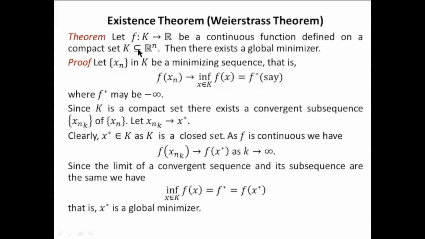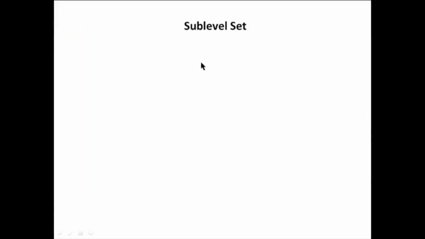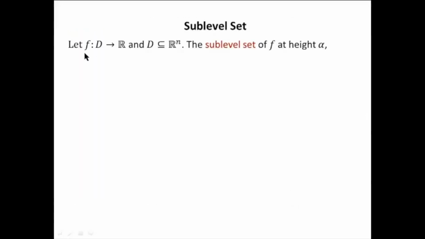Now we go ahead and see whether we can give another theorem by relaxing the compactness assumption on K. In fact, we can relax this compactness and have the theorem provided the function has at least one compact sublevel set. So let's see what a sublevel set is. Let f be a function which is defined on D, where D is any arbitrary set in R^n.